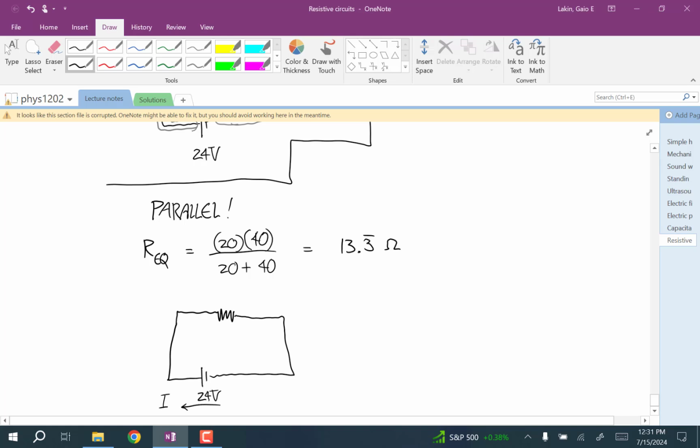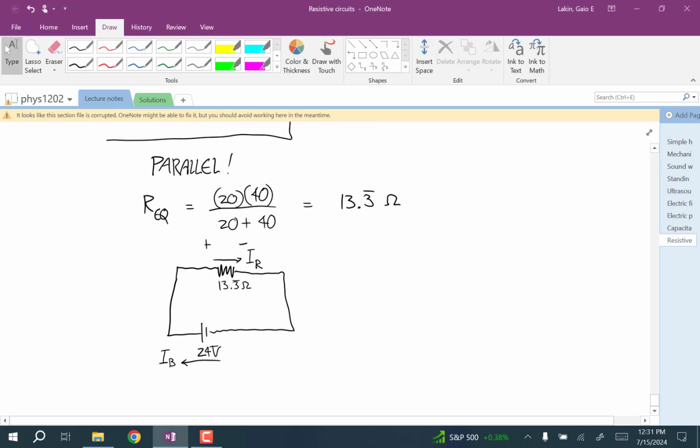We know that our current is going to be going this way. We just have a single resistance that's 13.3 ohms. The current's going to go this way, the polarity is this way. And if all we want is the current being drawn from the battery, this is a really easy problem.